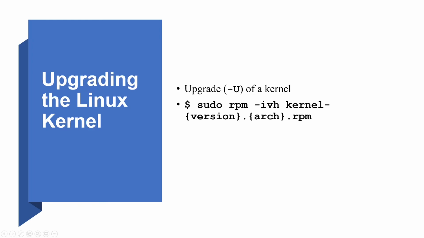Upgrading the Linux kernel. When you install a new kernel on your system, it requires a reboot, one of the few updates that do. You should not do an upgrade (-U) of a kernel. An upgrade would remove the old, currently running kernel.